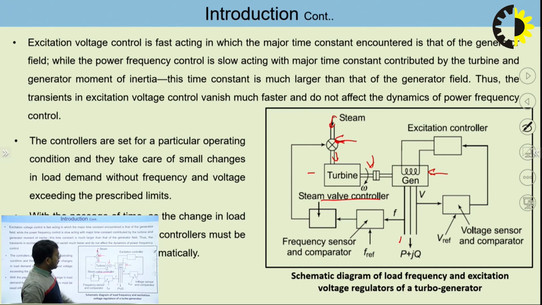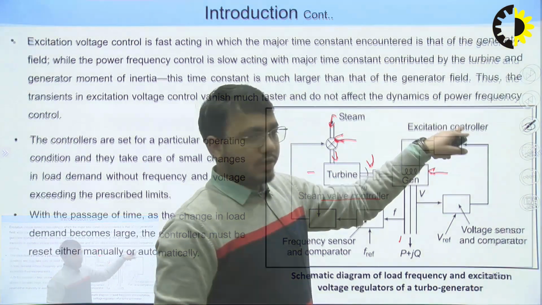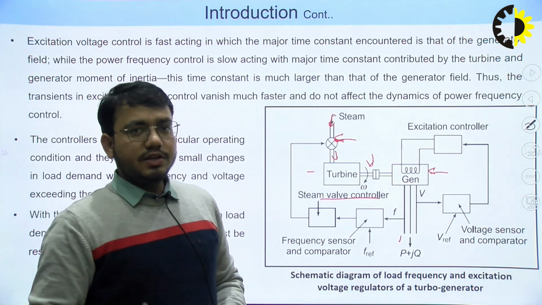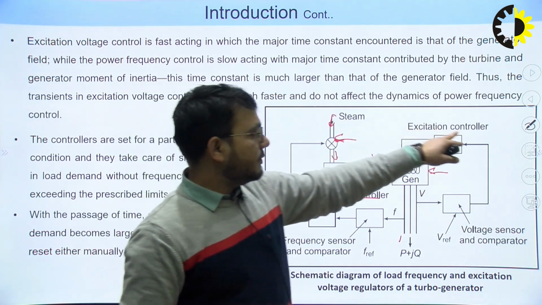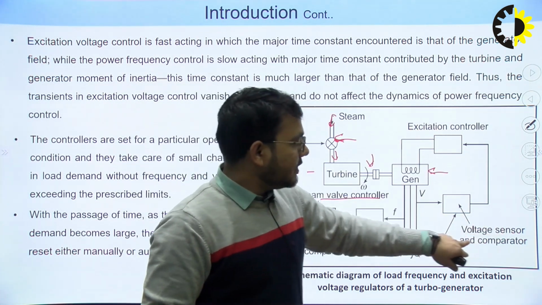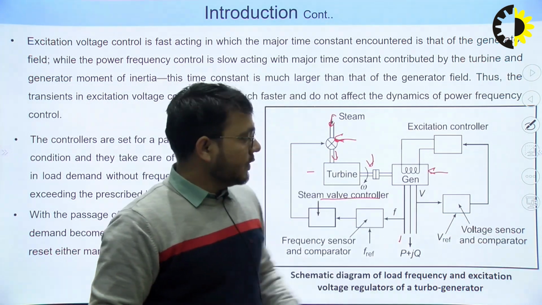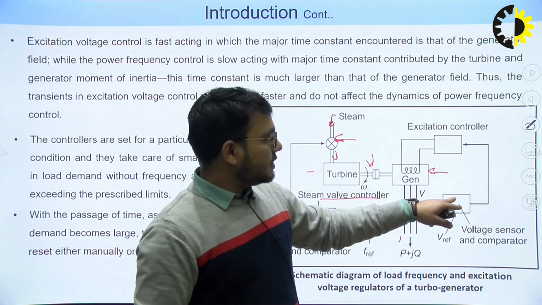Now you can see over here, this is P plus jQ. This generator is generating apparent power. From this portion we can see this one is the excitation. So from this we can see that our excitation controller is there, and this excitation controller is fed with the voltage sensor and comparator. Basically what happens over here, this is the voltage sensor.